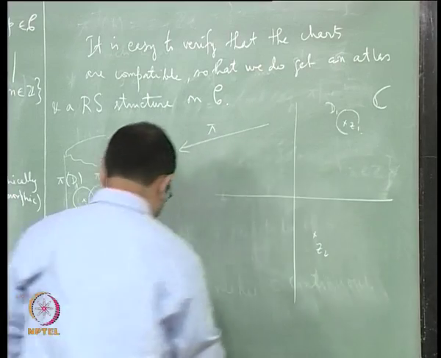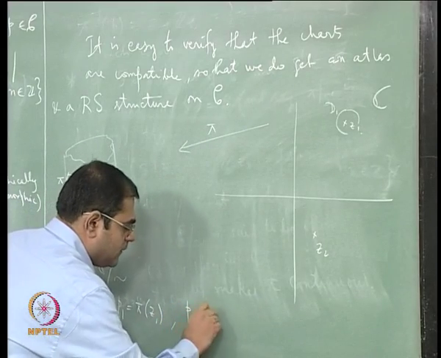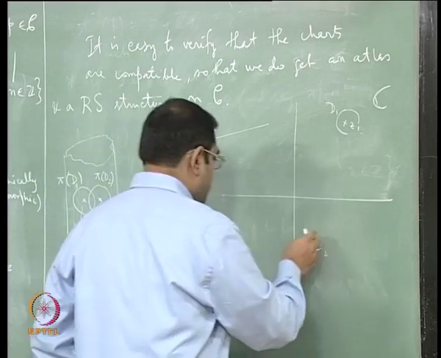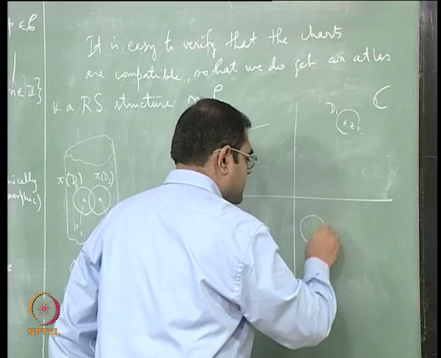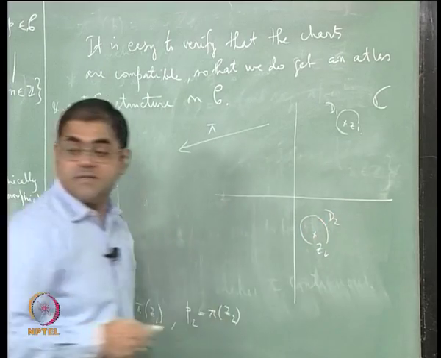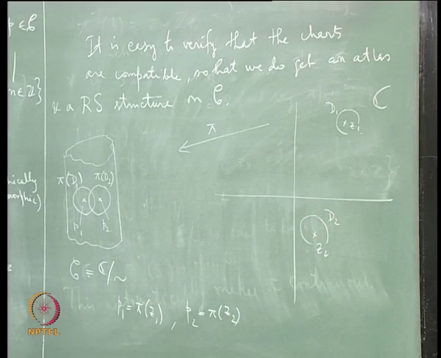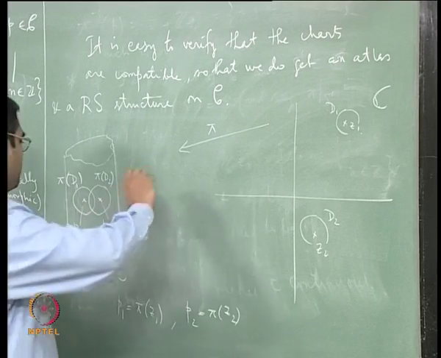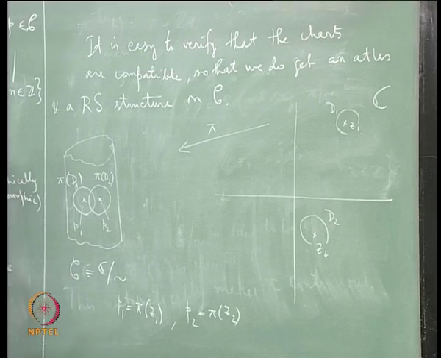So P2 will be pi of Z2, and D2 is again a small enough disk centered at Z2. And I will have to say that the transition functions are holomorphic.